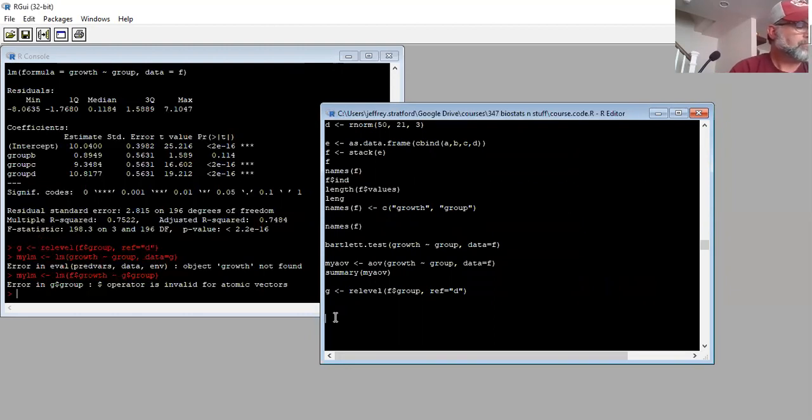So let's do a generalized linear model. So in a linear model, one of the assumptions is that your residuals are normal. In a generalized linear model, your residuals can be many different distributions. I'm not sure how many, but it can be used for all sorts of analysis.